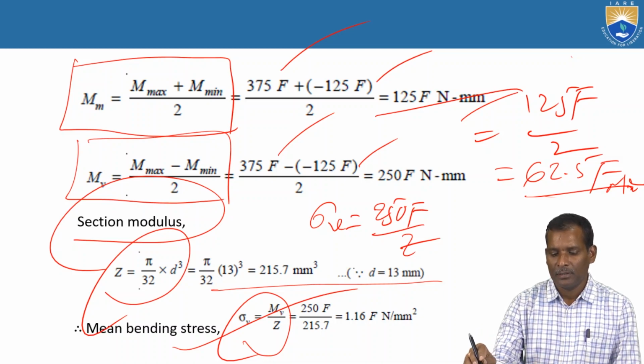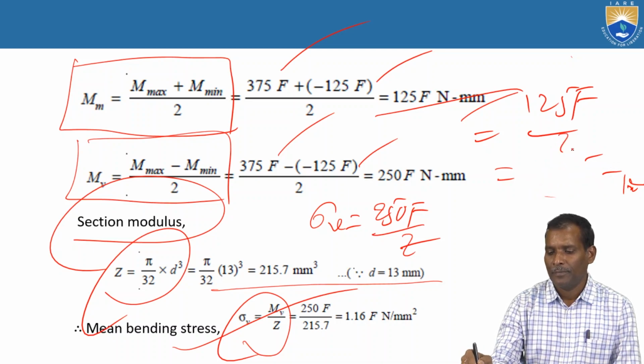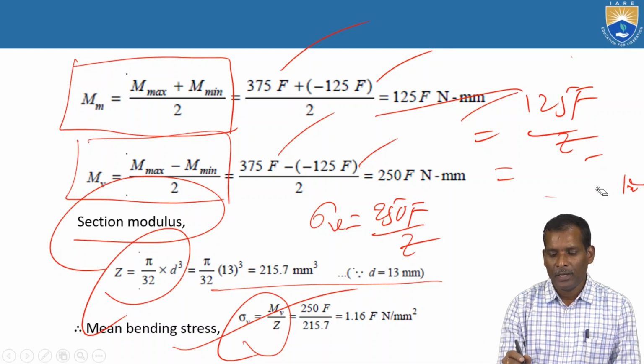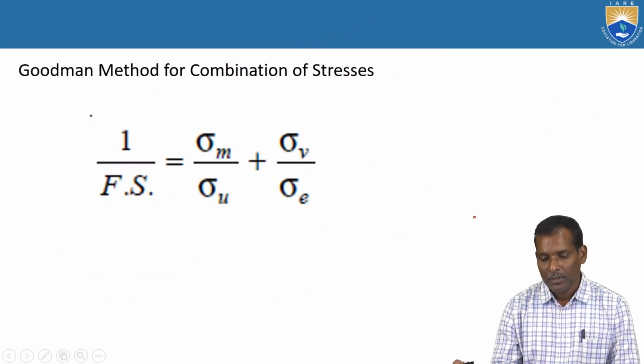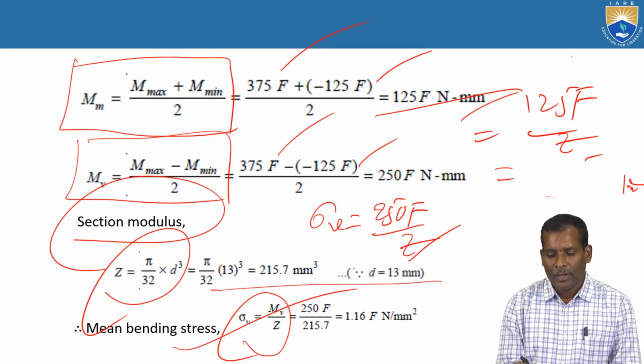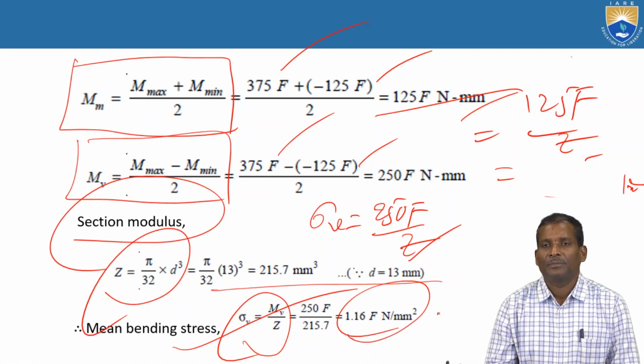Mean bending stress is equal to the Z value. So Z value 215.15, substitute, and you will get values 1.16 Newton per mm square.